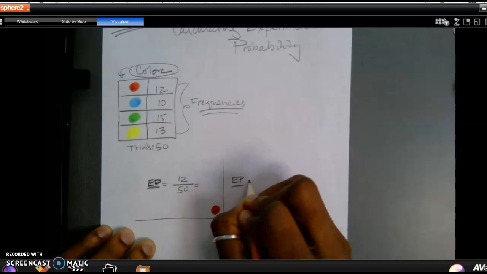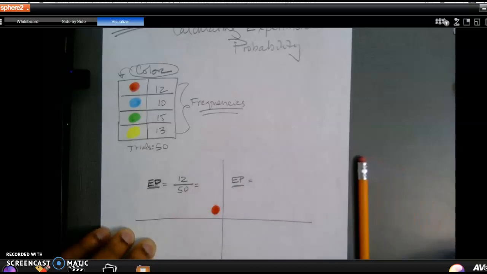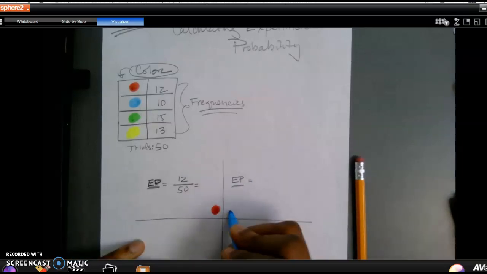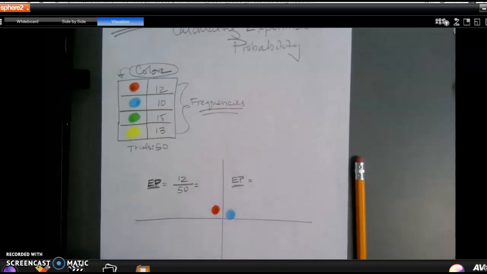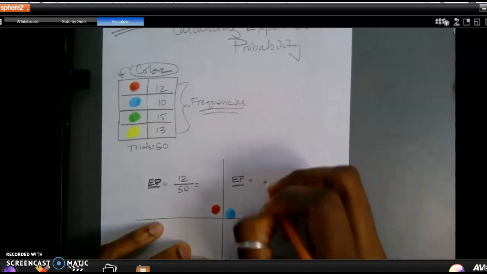We have the experimental probability for blue as being 10 over 50.